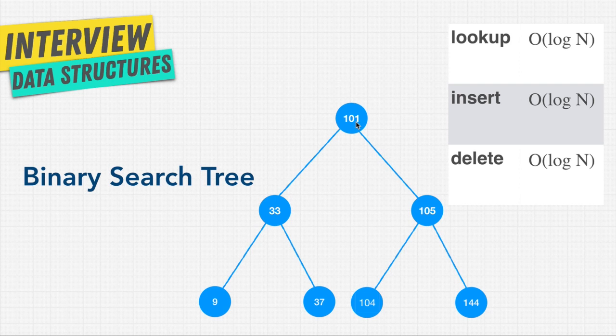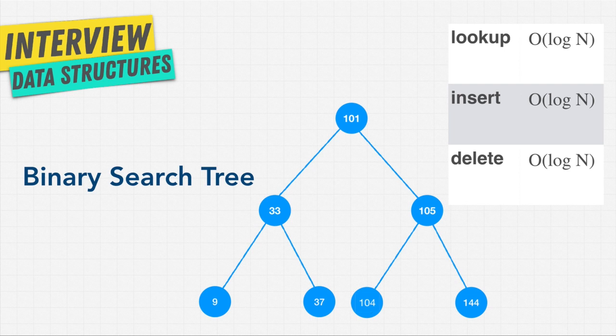You see over here, I go from 101, 105, 144. If I keep going to the right, let's say here, 33 to 37, that is increasing. If I go to the left, 101, 33, 9, that's always decreasing. Same with here, 105 to 54. If I go to the left, it decreases. To the right, it increases.